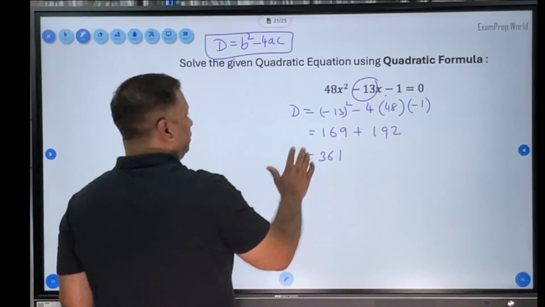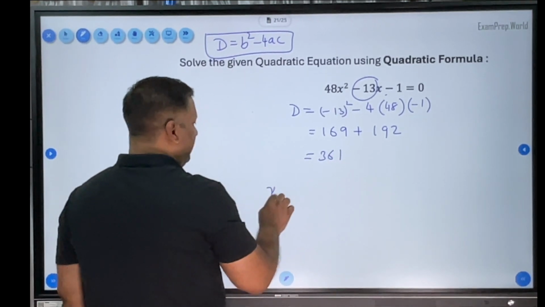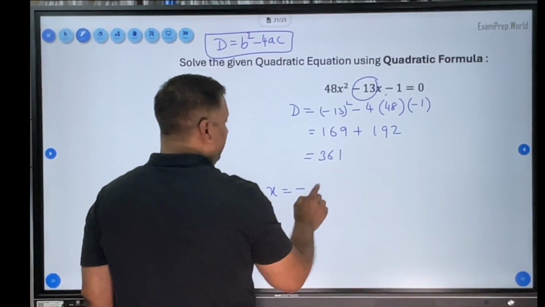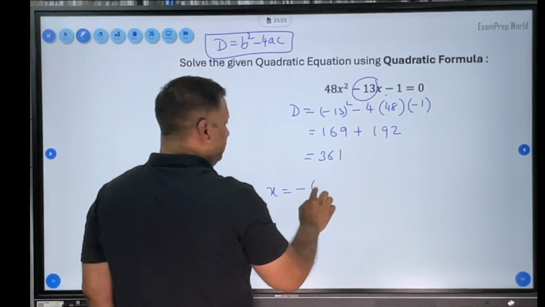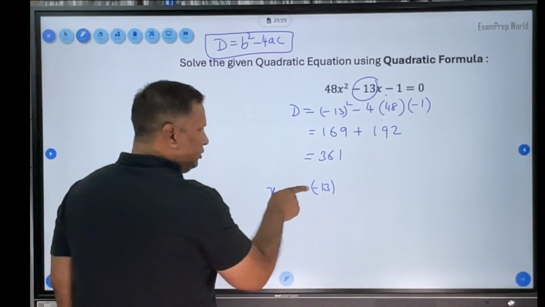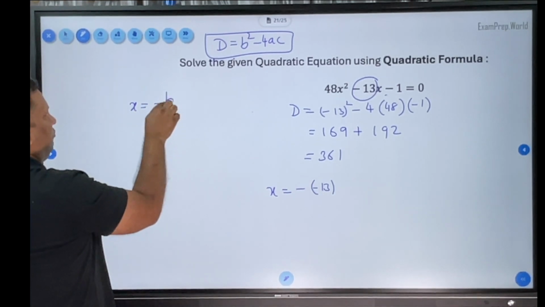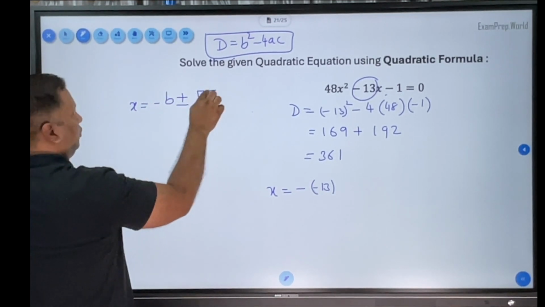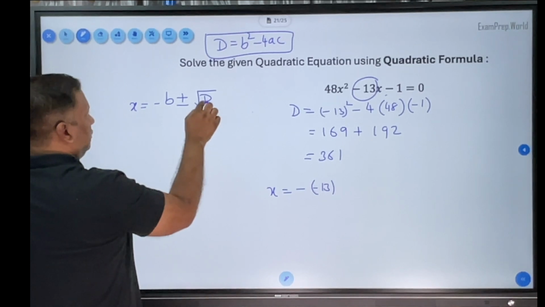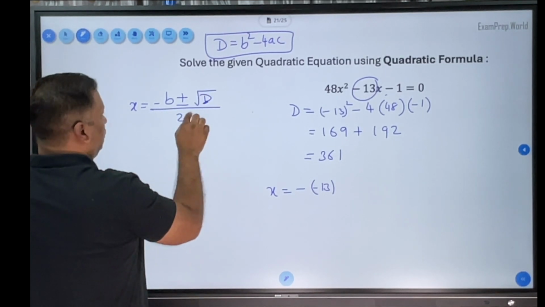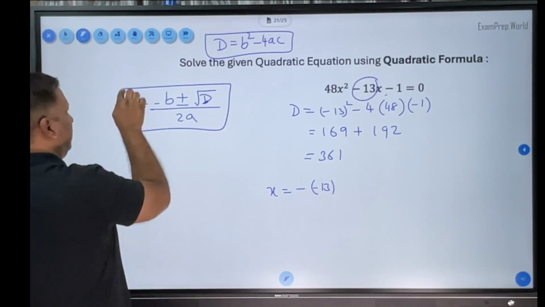So let's input our values. So x will be equal to minus b. B is how much? Negative 13. The formula is x is negative b plus minus root of D over 2a. This is the quadratic formula.